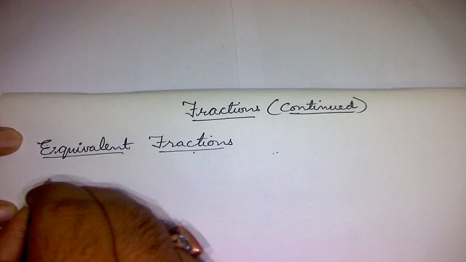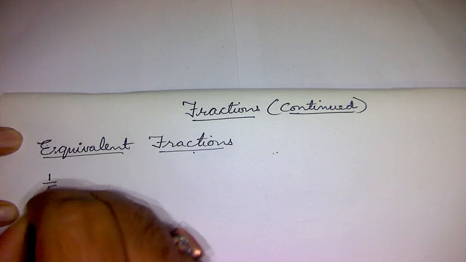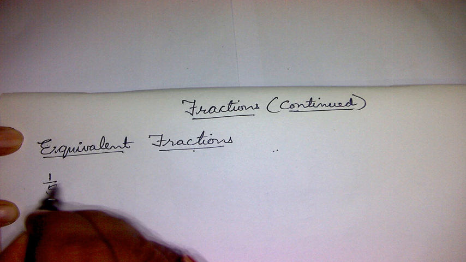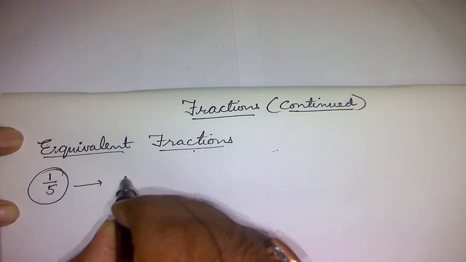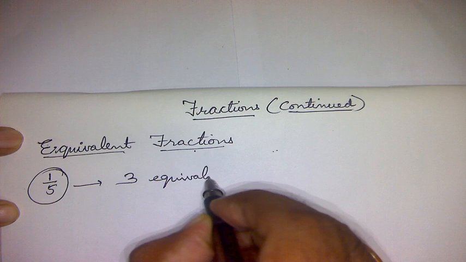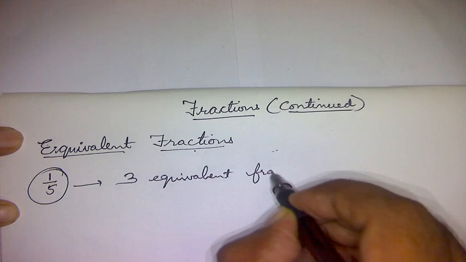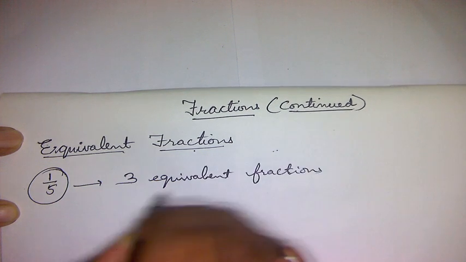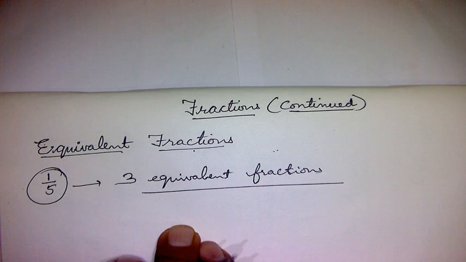Suppose you are given one fraction, let that fraction be say 1 upon 5. Now you want to find 3 equivalent fractions of 1 upon 5.